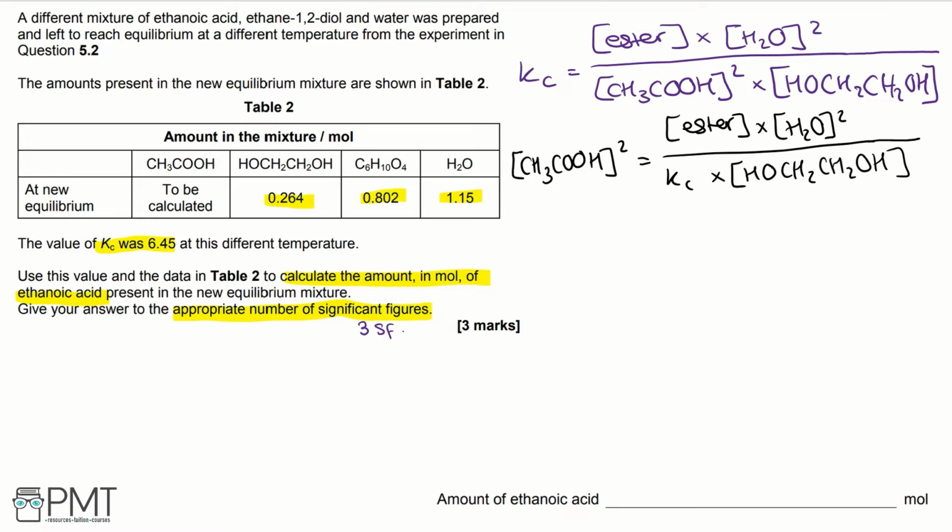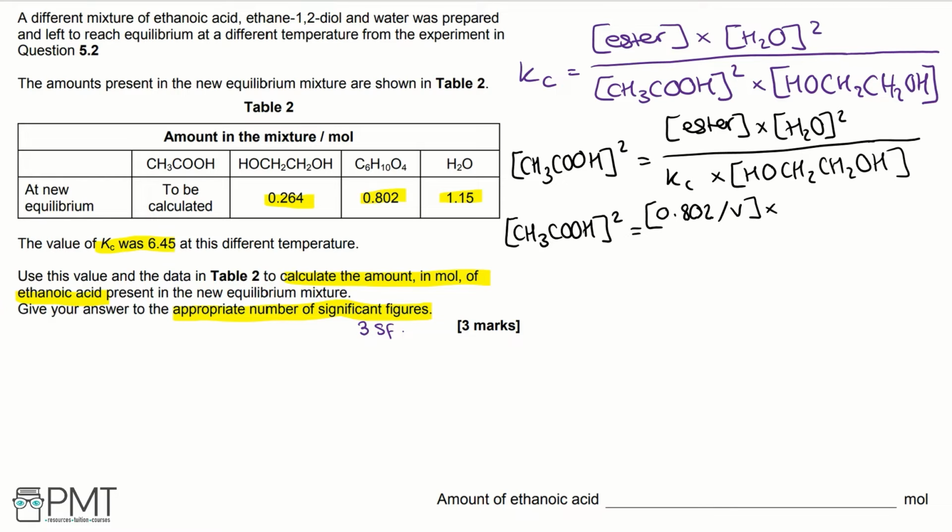And then we can plug in the numbers for this. So if we have our concentration of ethanoic acid, again keeping it squared, then we've got the concentration of our ester, so that's going to be 0.802 divided by a volume that we don't know.